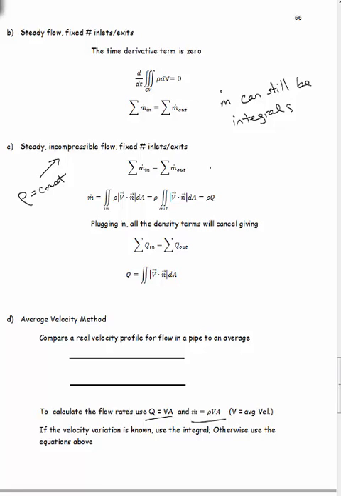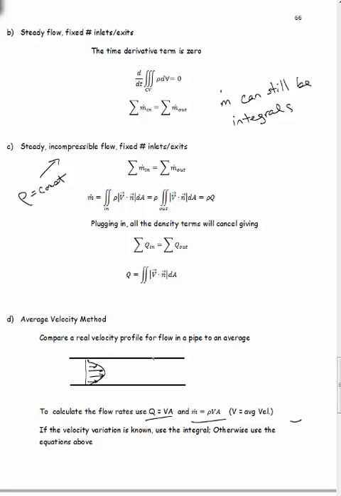So what we mean by this versus this, or our integral form versus our average velocity method, is maybe in the real case, say it's a pipe, we're going to get a velocity profile that in reality looks something like a parabola, especially if it's laminar.